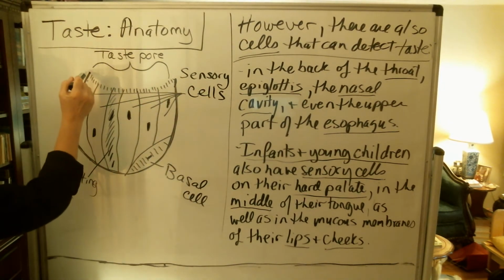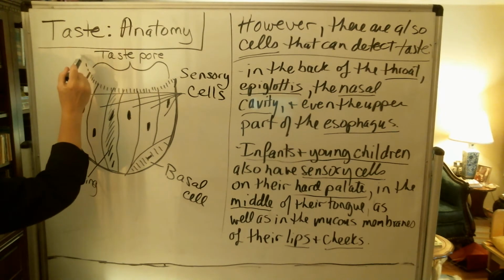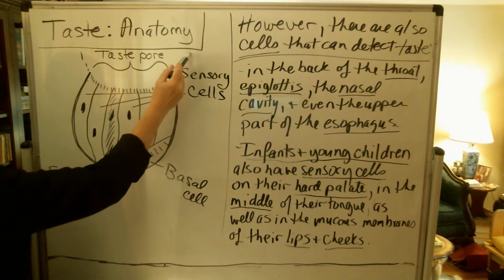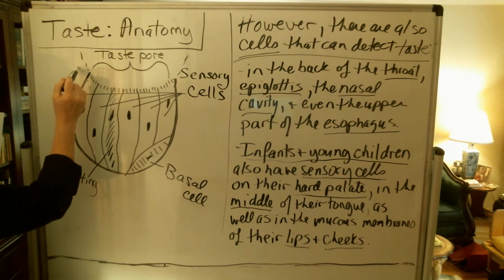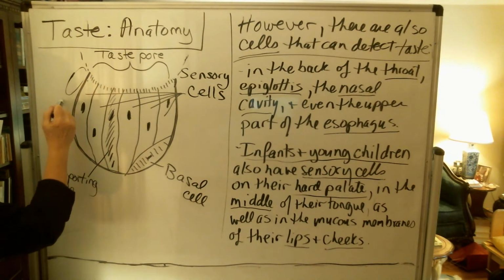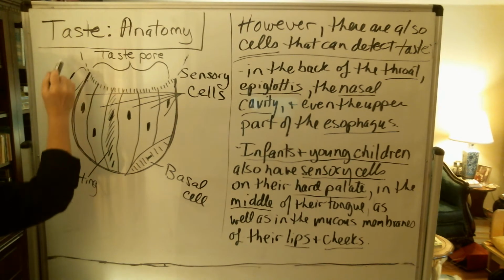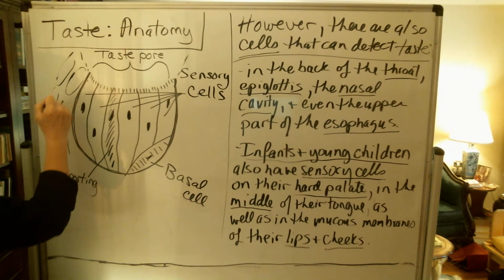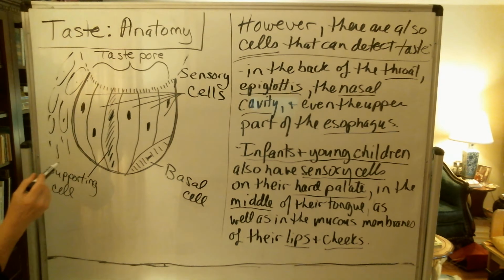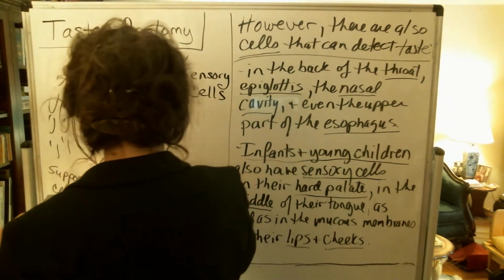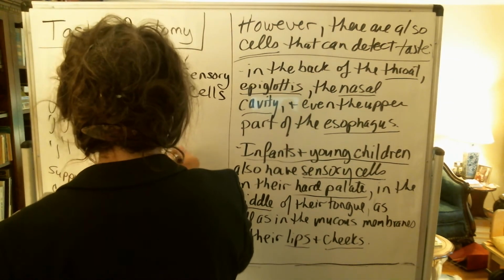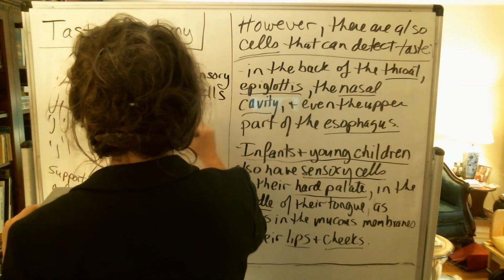And then around the outside of the taste pore, out here, I'm just going to kind of indicate that there will be other cells of the tongue here, just so you know. So here we just have other tongue cells.